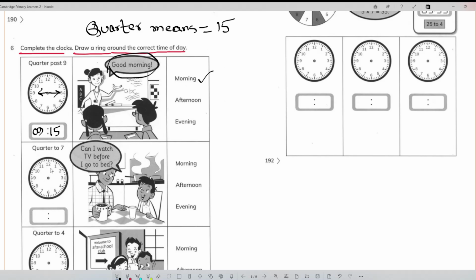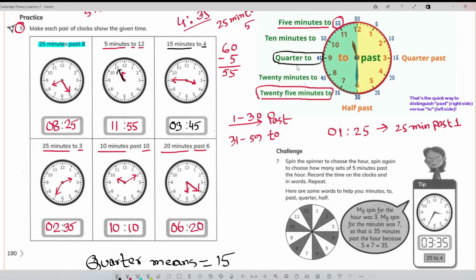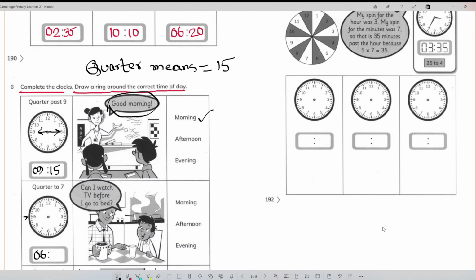Okay, now quarter to 7. So 15 minutes need to become 7. It means it's still not 7, it should be 6. Quarter to, so this is 45. Or we can say quarter to 7. From 60 we can deduct 15.